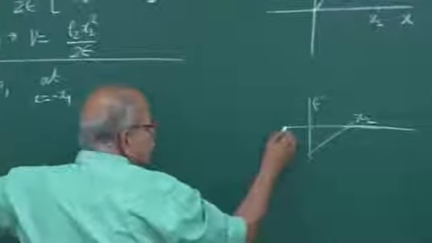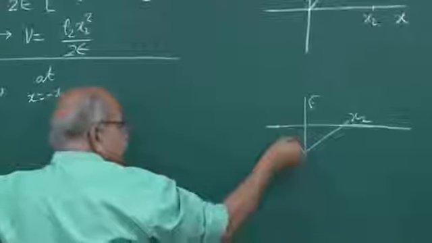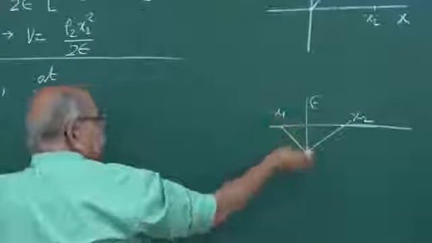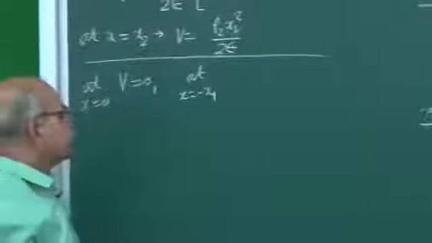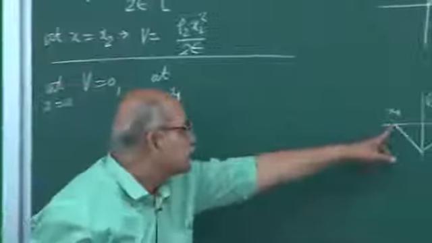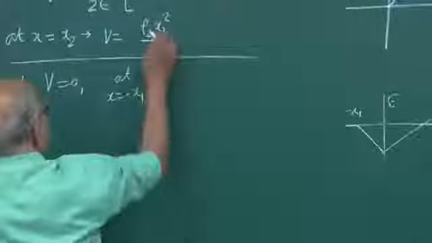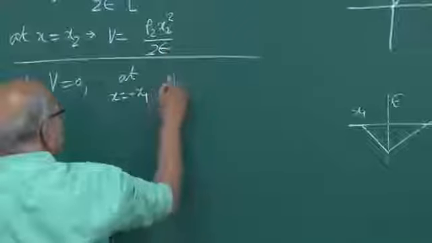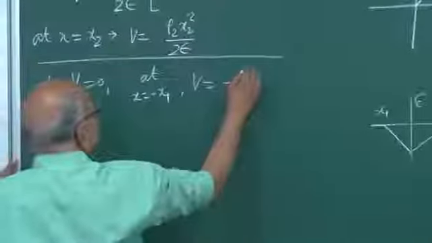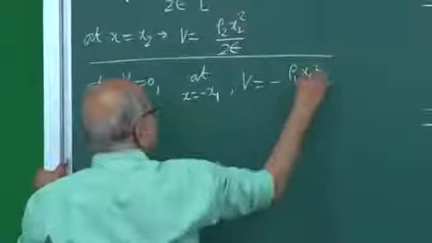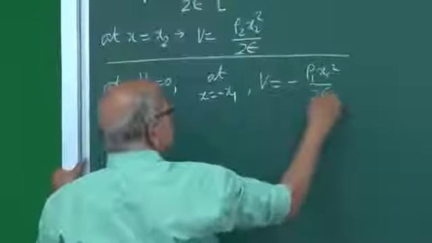Remember, the electric field is just of this kind, so linear, so it has to be quadratic, and at this point you can take the similar expression from here, v is minus rho 1 x1 square by 2 epsilon.